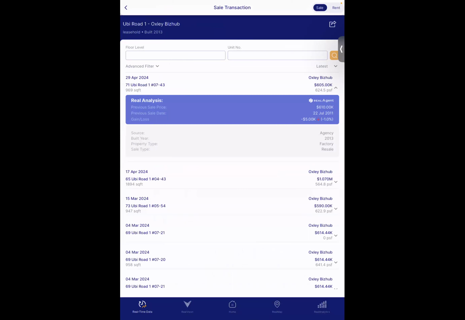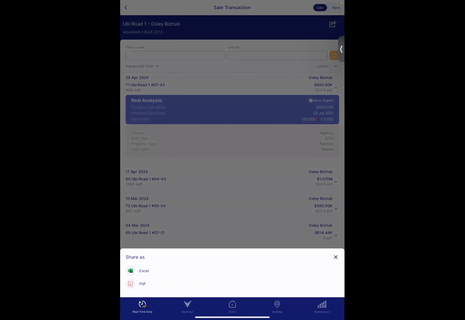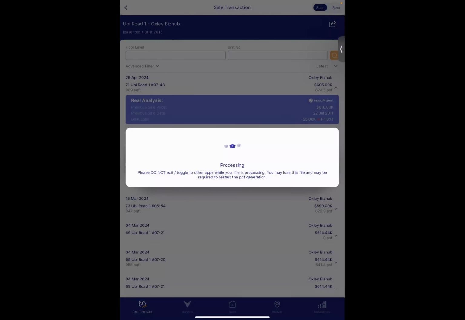Under the sale and rent, top right hand corner, there is an icon, a small square with the arrow going out. You click on that, and you can either share as Excel or as a PDF. Let's say I share as a PDF, it will process.